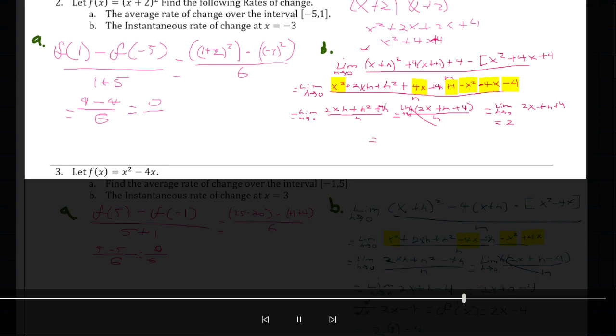And here I am factoring out the h's so I can divide the numerator's h with the denominator. So I'll be left with 2x plus h plus 4, which I can substitute 0 now, which I get the derivative.